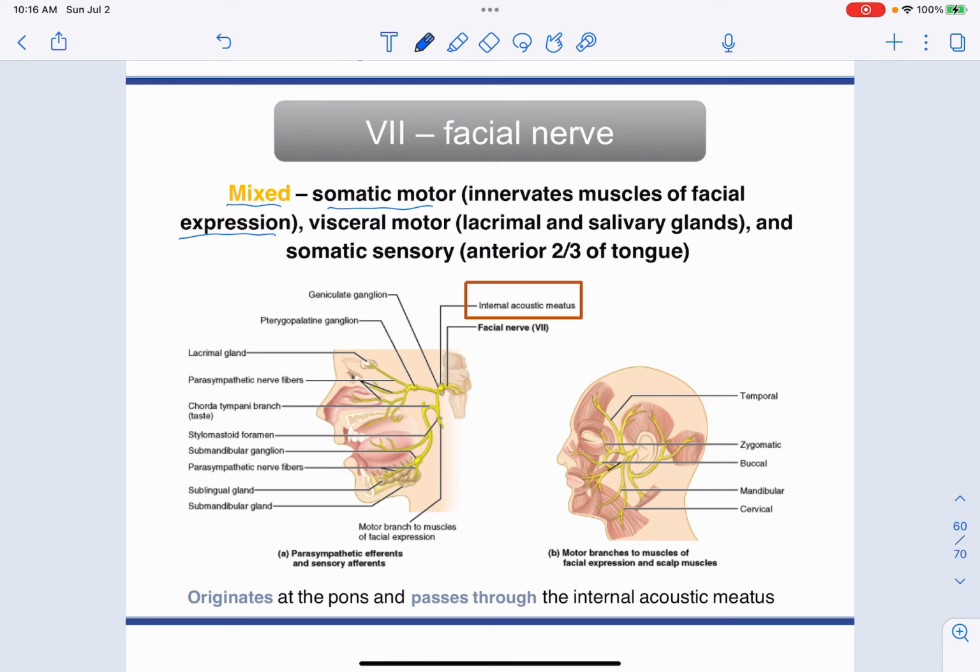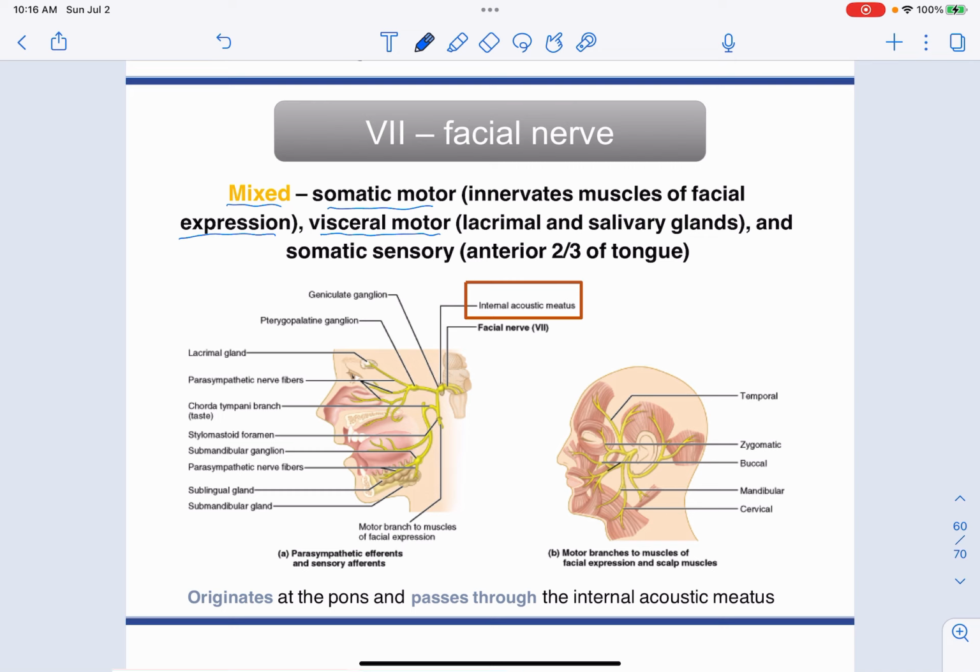You remember that we talked about these muscles of facial expression. We need nerves to innervate those so that we can move those muscles. There is also some visceral motor activity. This particular nerve is going to innervate the lacrimal and salivary glands. The lacrimal gland is responsible for tears. The salivary gland is responsible for making salivary enzymes.